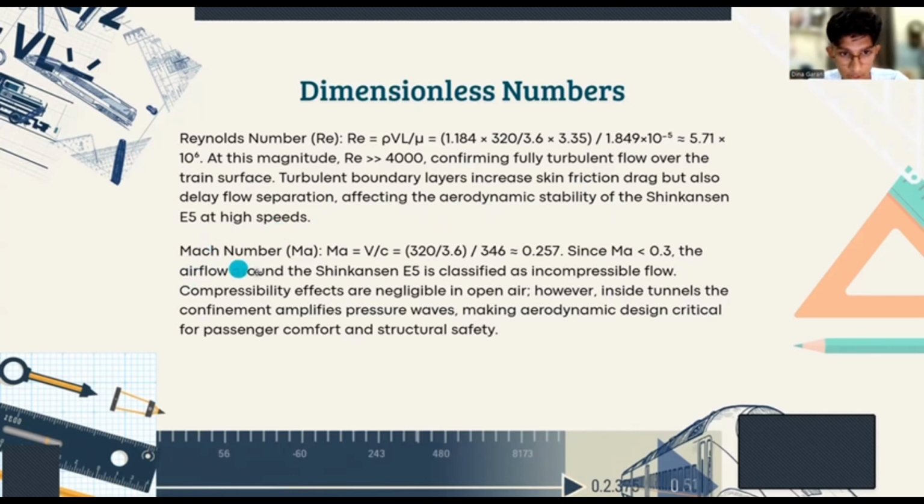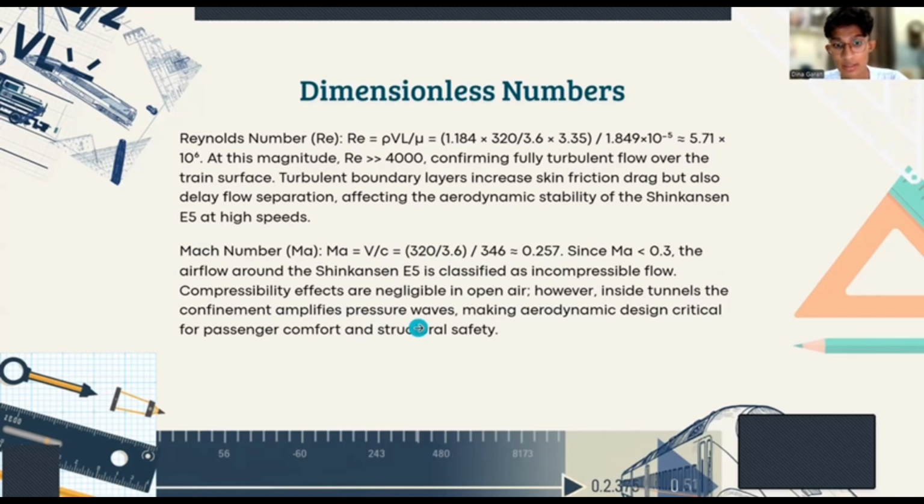So Mach number Ma equals V over c, that is 320 over 3.6 over 346, equals 0.25. Since Ma is smaller than 0.5, the airflow around the Shinkansen E5 is classified as incompressible flow.